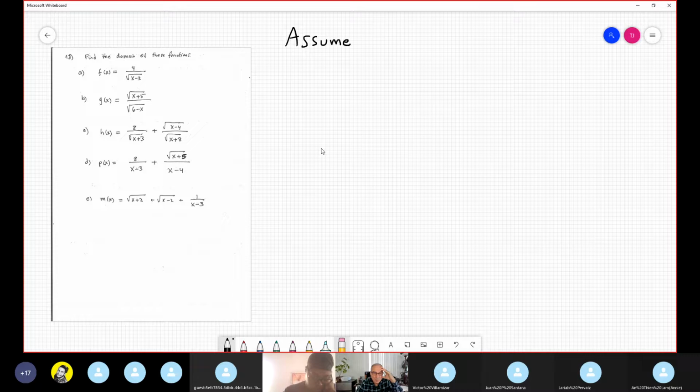the domain is all real numbers except restrictions. And the restrictions, we have three classical ones, and they can be combined, of course.